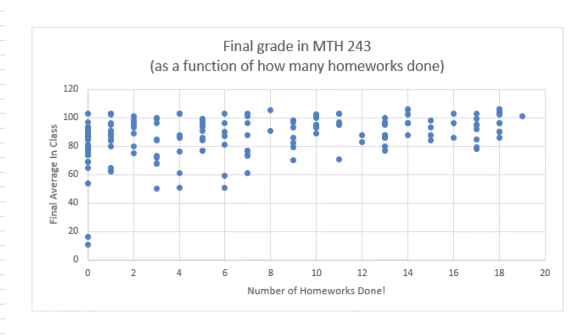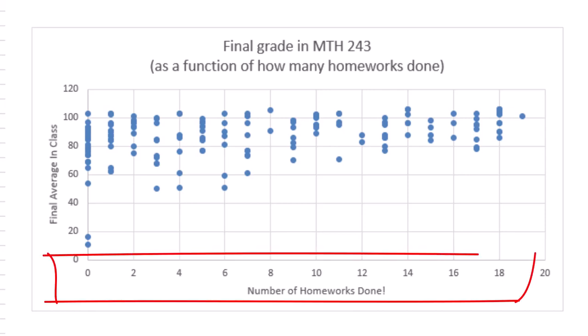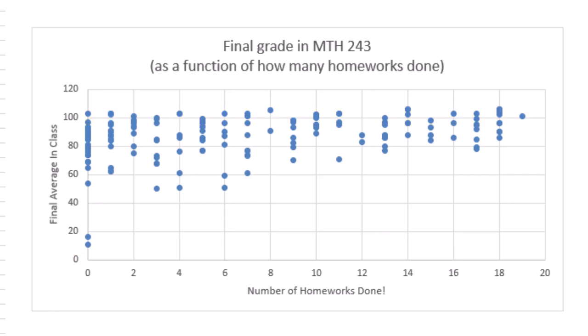What I notice is a couple of things. First of all, no matter how many homeworks people do, there's a potential for students to score very high. That's the top part of the graph up here. I've had students that did no homework and got very high grades. You can actually see a couple of them here to the left. This student did no homework and got 103. This student did no homework and got a 91. Now, why would that happen?